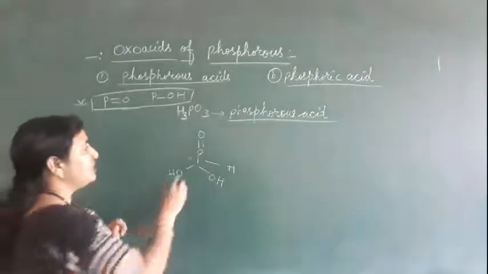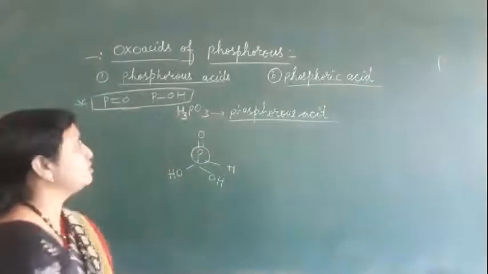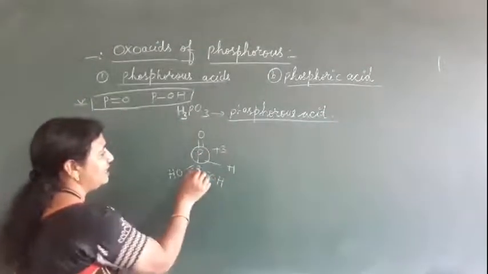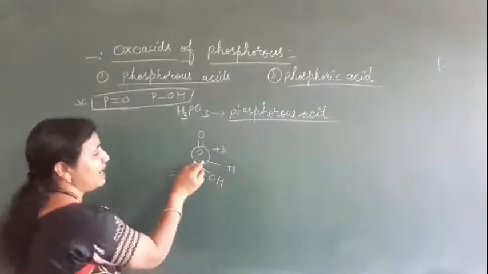In this phosphorus acid, the oxidation state of the central atom phosphorus is +3. In these structures we have 2 POH bonds and 1 PH bond.